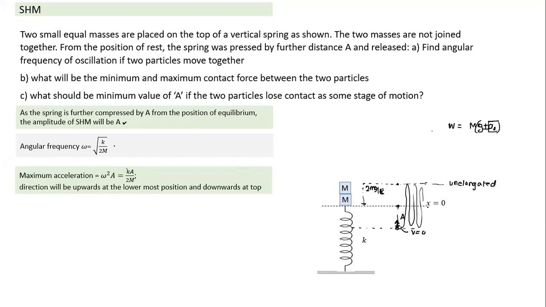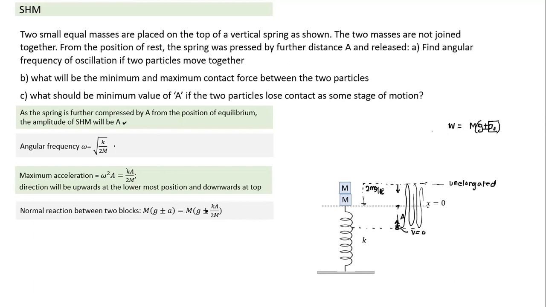At the highest point, the direction of acceleration is downwards. And in between, when it's passing the mean point, acceleration is 0. So if we calculate the normal reaction using this method, the normal reaction will vary within this range: g plus or minus the maximum acceleration. We have calculated maximum acceleration as omega squared A, and omega is the value we calculated. So this is the normal reaction.